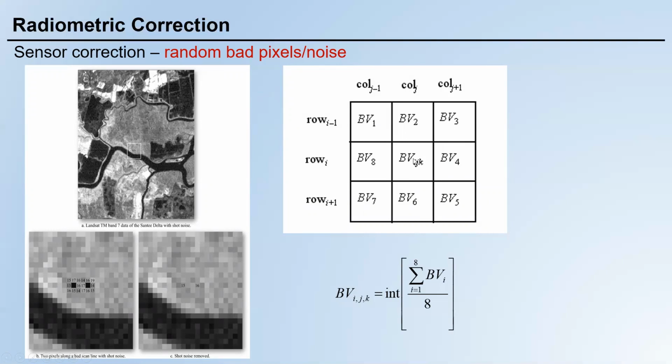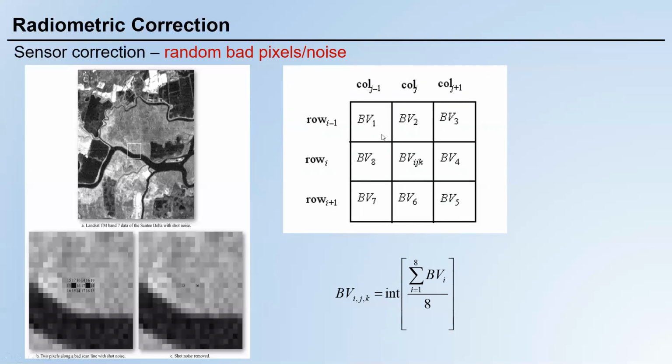Since the middle pixel is a bad pixel, you can do nothing about it in terms of collecting data again. It's not possible. The image has been taken. But you can calculate the average value of its surrounding pixels. The brightness values of the surrounding pixels are normal.